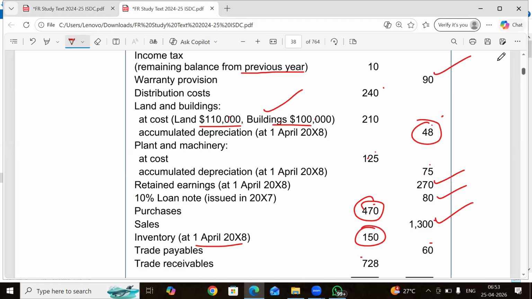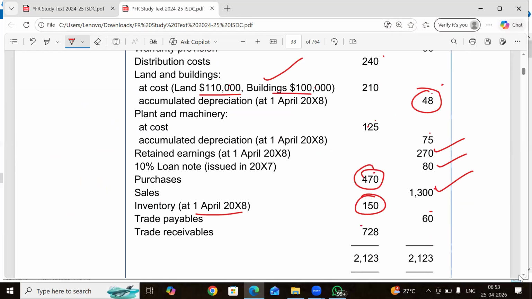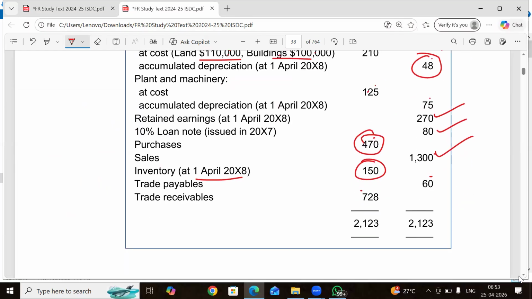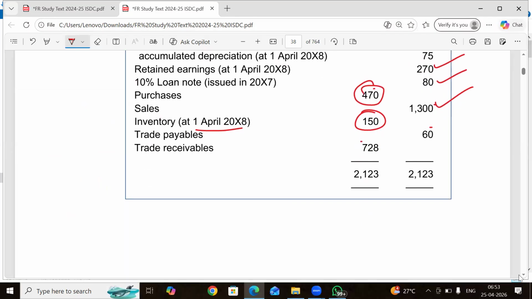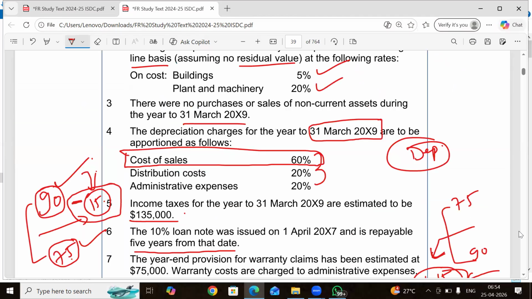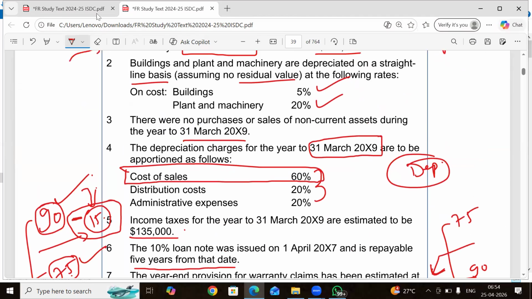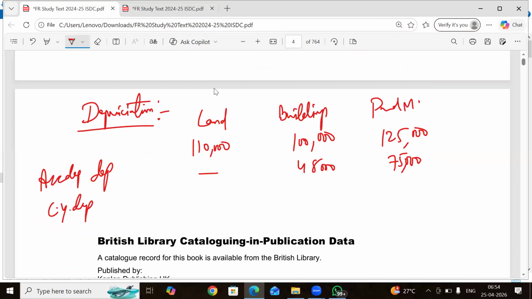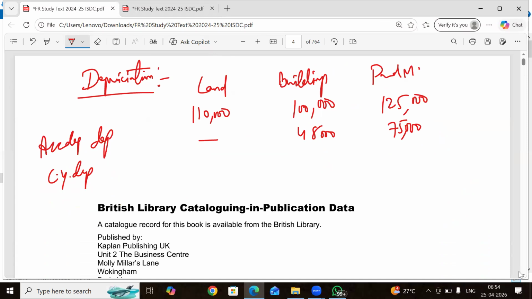What's the rate of depreciation given? 5% on buildings, 20% on plant and machinery. As you know, this is a straight line method. The depreciation is calculated directly on the asset cost, not the carrying amount. Carrying amount, you do that in the case of diminishing balance.